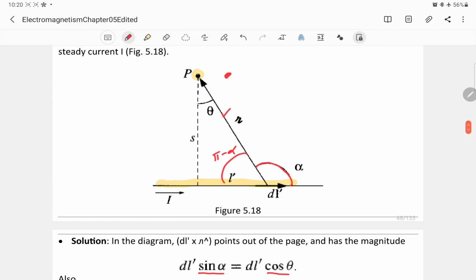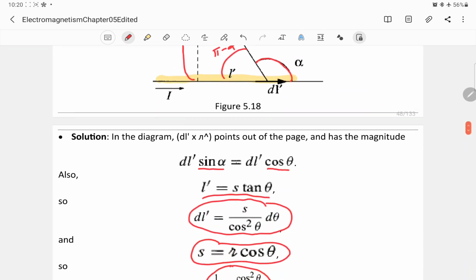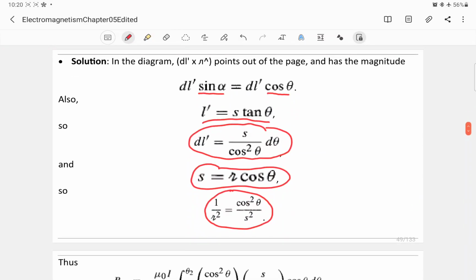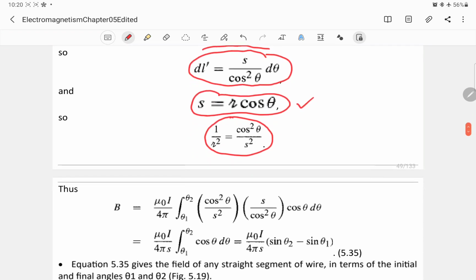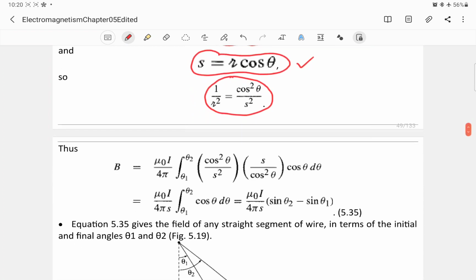This is the distance between the current source and the point, and we saw that s is just equal to this one. Now we substitute that into the Biot-Savart law, and then we get this one.